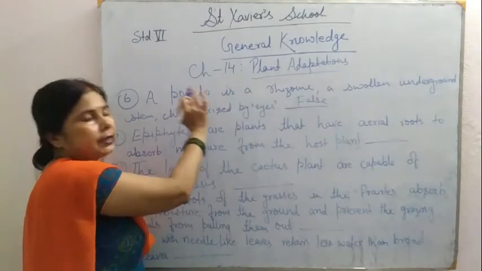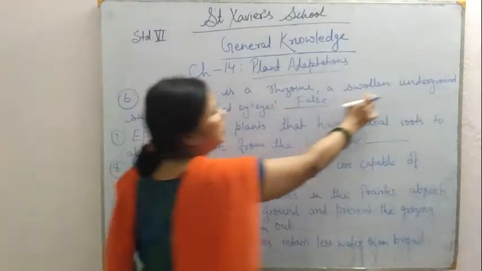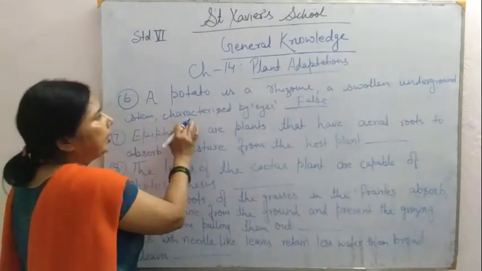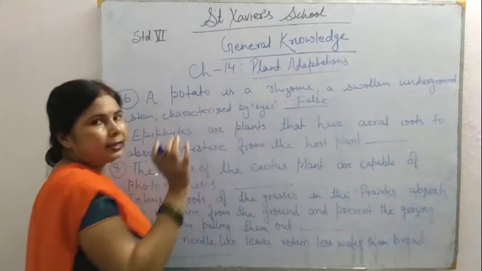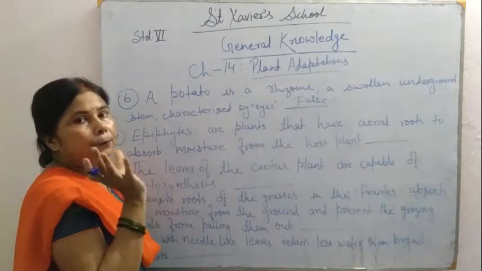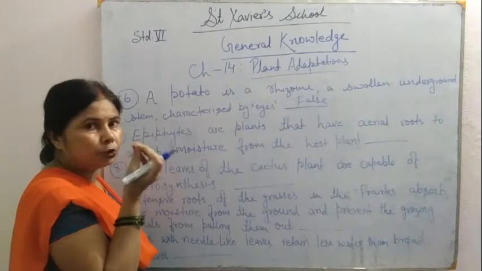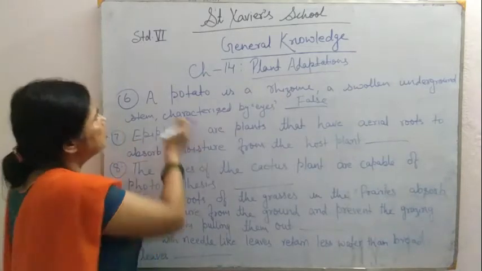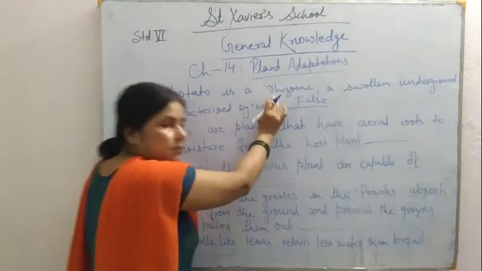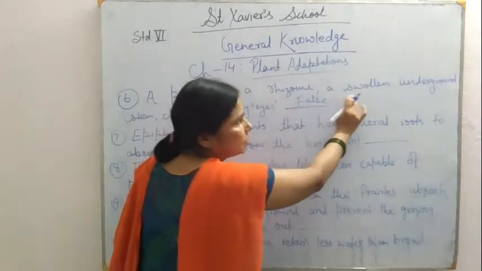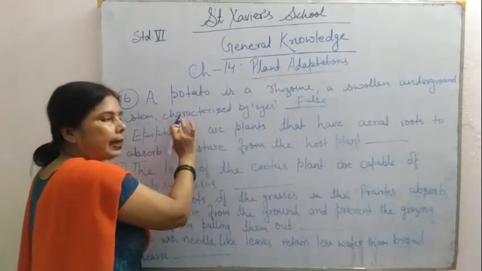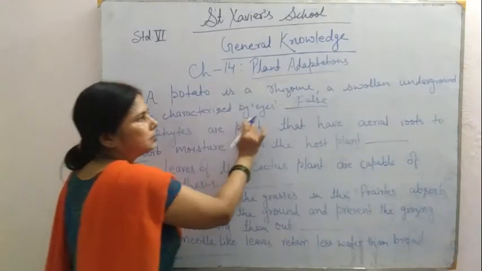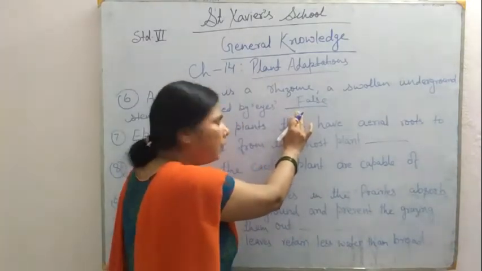Potato is a stem tuber, a swollen underground stem characterized by eyes. You can see eyes on potato, children. So a potato is a stem tuber, that is a swollen underground stem characterized by eyes. This statement is false.